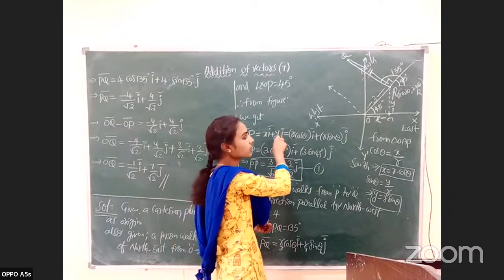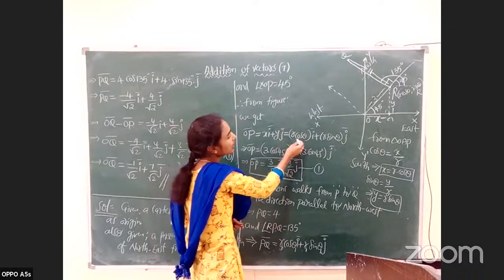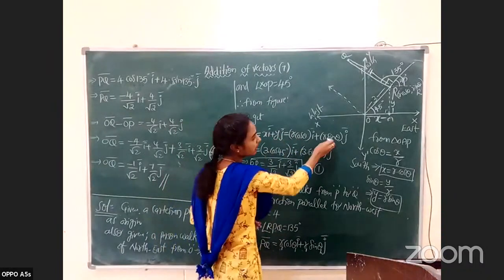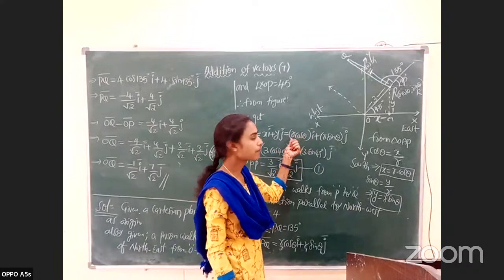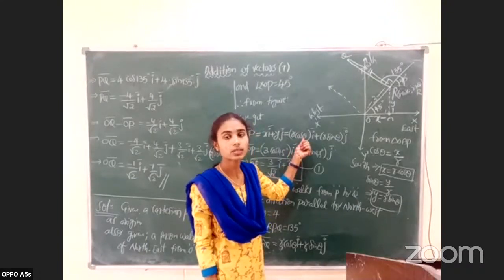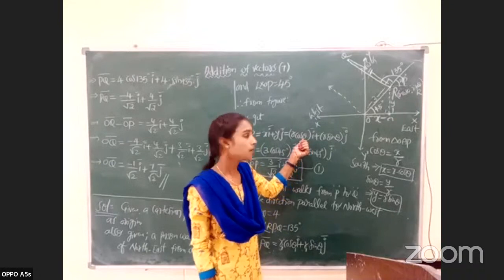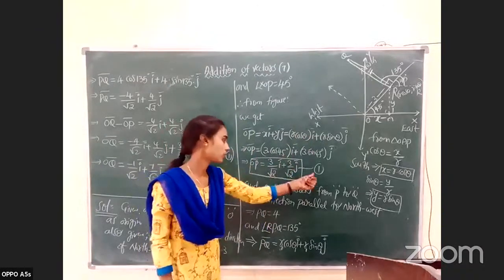I already explained the component form of the vector. So x is r cos theta and y is r sin theta. Substituting the values of r and theta, we get the vector OP, which is treated as equation 1.